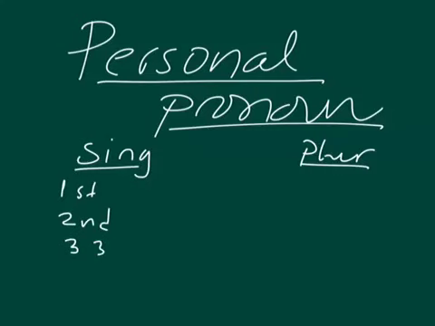It can also be divided into singular first person, singular second person, singular third person. You can also divide the plural into first, second, and third person. So you have plural first, plural second, plural third person.